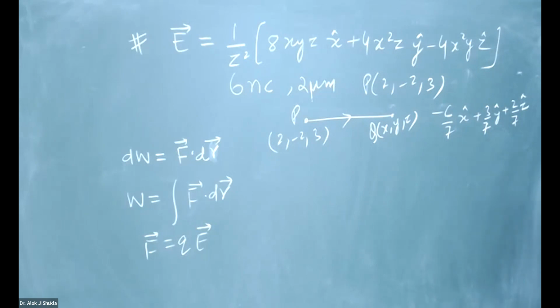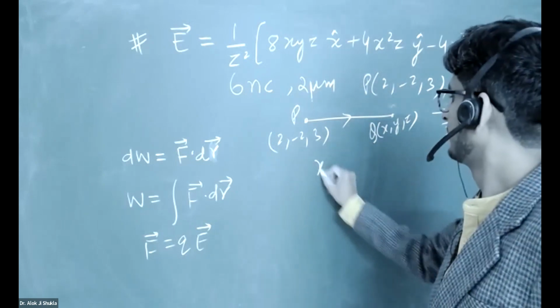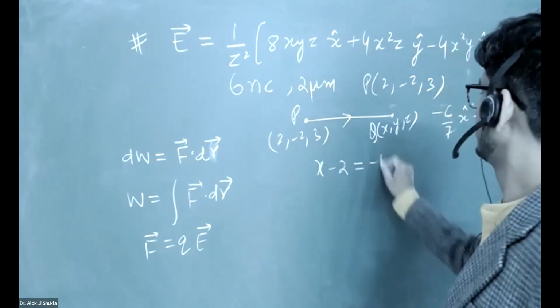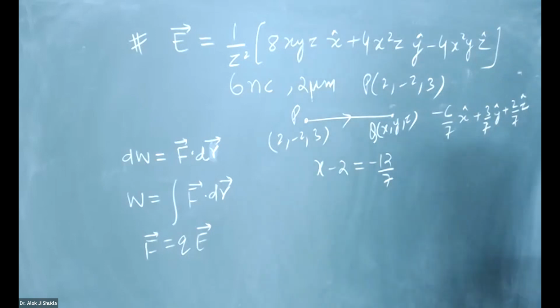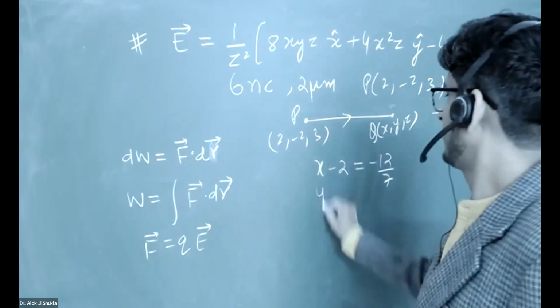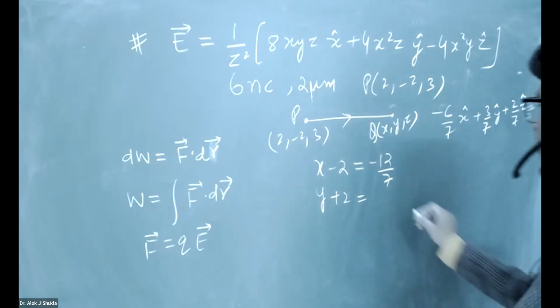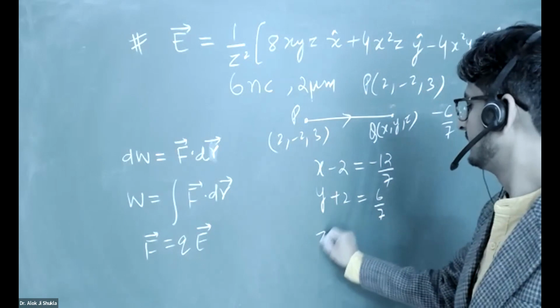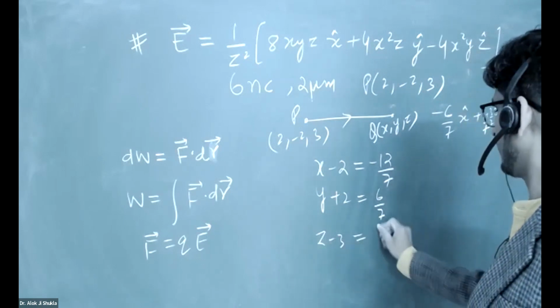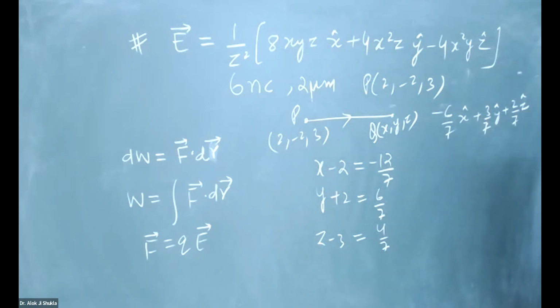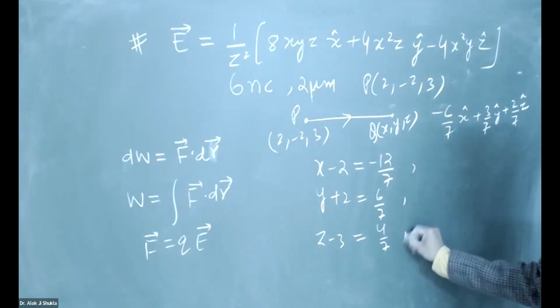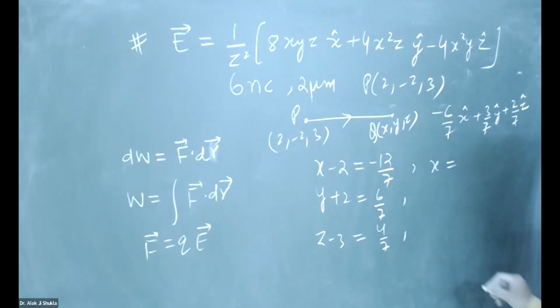So X minus 2 will be equal to minus 12 by 7. Y plus 2 is equal to how much? 6 by 7. And Z minus 3 is equal to 4 by 7. So from here, get the values of X, Y, Z.